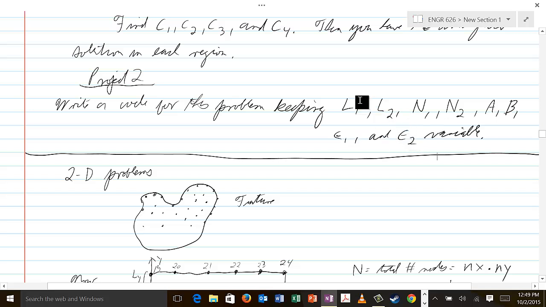All of those, as usual, should be things that you set in the first part of your program, and they should be easily variable. You should write your code so that it will output a plot of your numerical solution of V and also the analytical solution for V on the same graph. And that's it. So good luck.